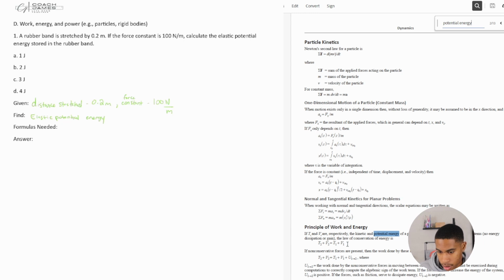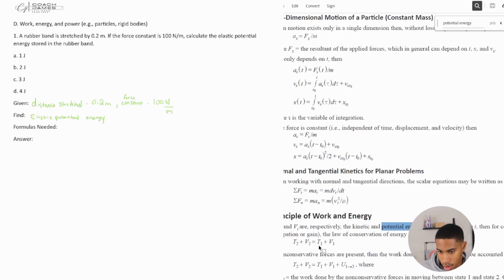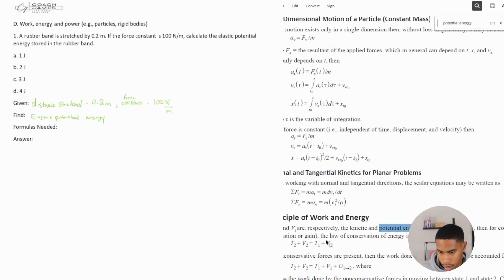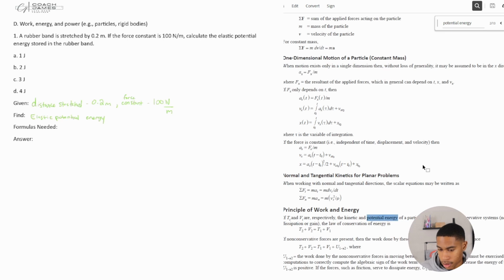All right, so it's important to note that kinetic energy is denoted by T, and potential energy is denoted by V. So just something important to note.